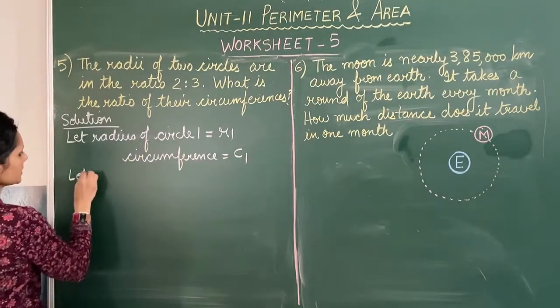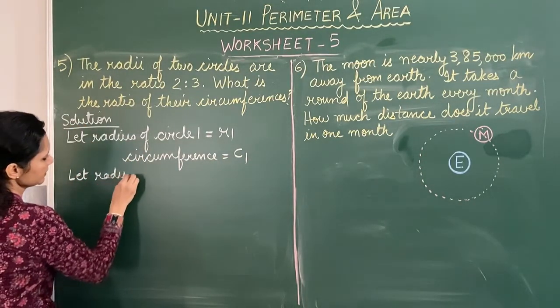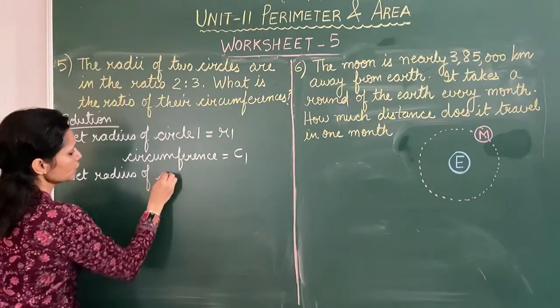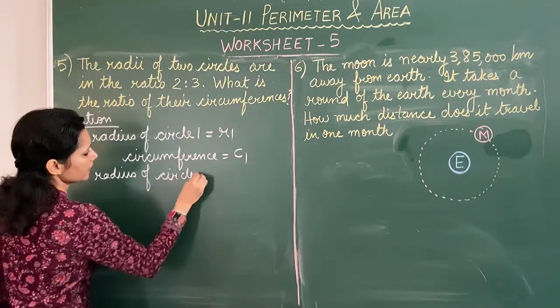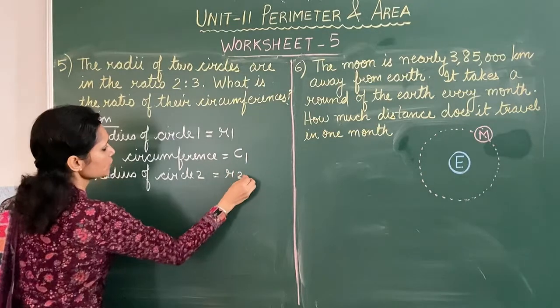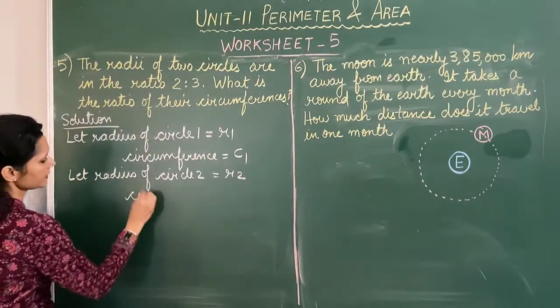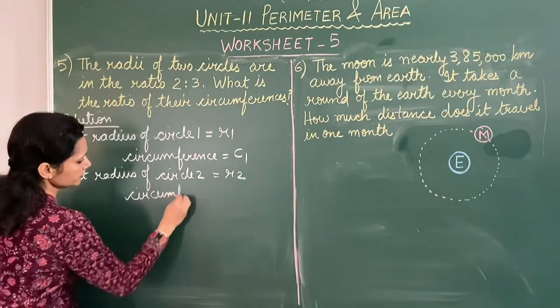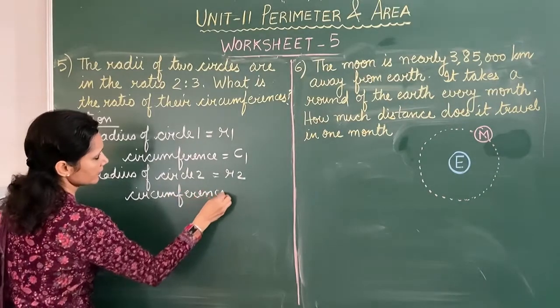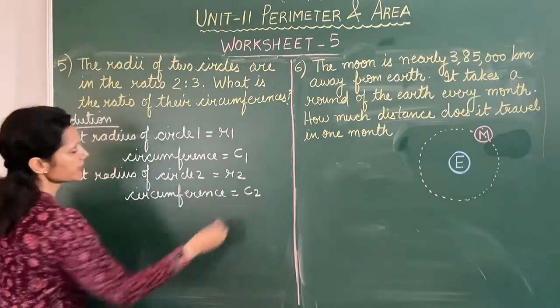Similarly, let the radius of circle 2 be r2 and circumference be c2.